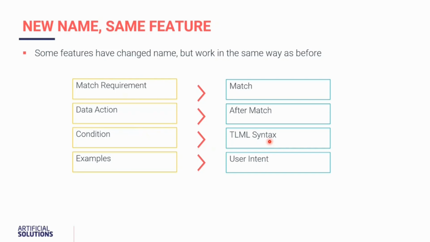So now when you select the option to understand the intent with a condition, you will actually be selecting a TLML syntax instead. And then examples have been renamed to user intent. So those are 4 name changes that you will see when you start working on Teneo 7.